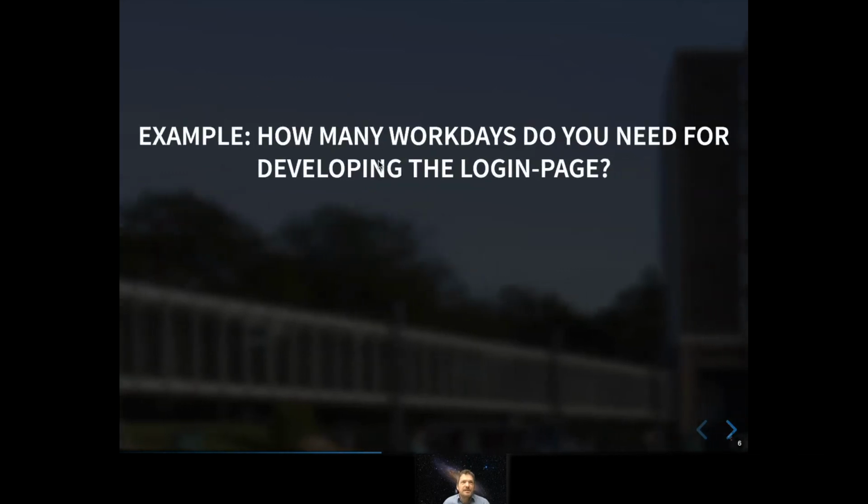Just a question. Think about how many workdays you need for developing a login page. So you consider the optimistic estimation. Let's have a look. Does somebody have an idea? How long would it take for an optimistic approach? Optimistic would be like everything is fine, everything went well.